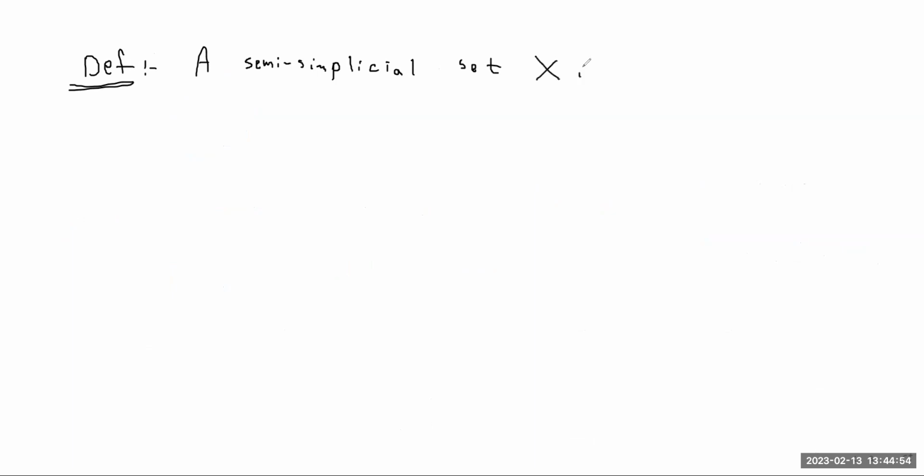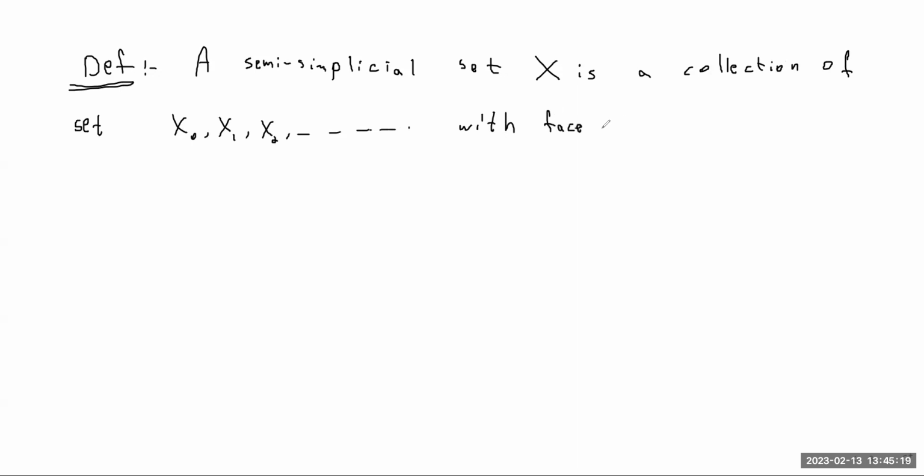A semi-simplicial set X is a collection of sets X0, X1, X2, and so on, with what we can call face maps, that give me the faces from every Xn to Xn minus 1.